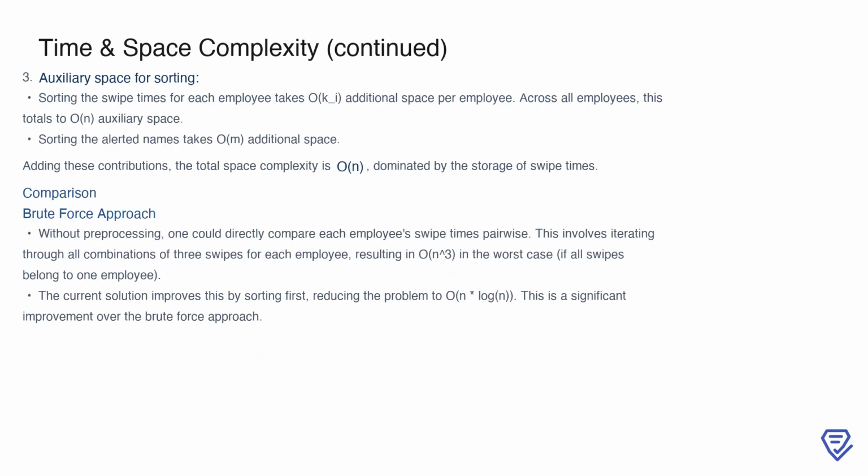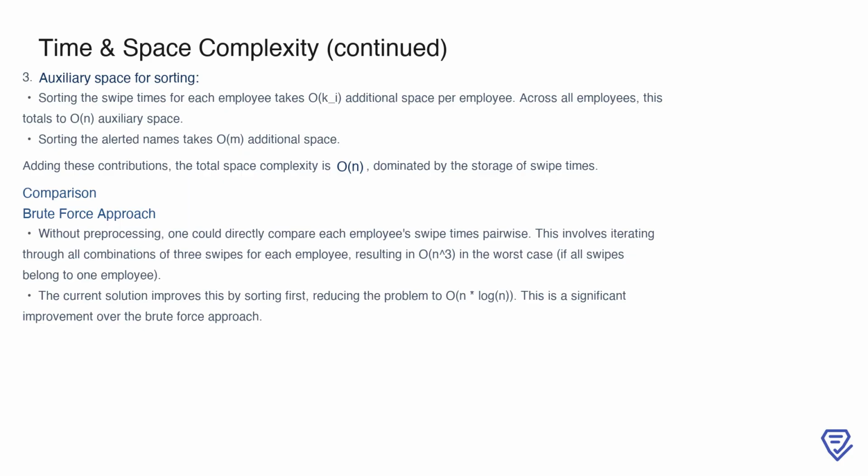Sorting operations also require auxiliary space, so let's examine their contributions to the overall space complexity. When sorting the swipe times for each employee, we use additional space proportional to the number of swipes for that employee. This means sorting contributes k_i auxiliary space per employee. Summing across all employees, the total auxiliary space for sorting swipe times is n.